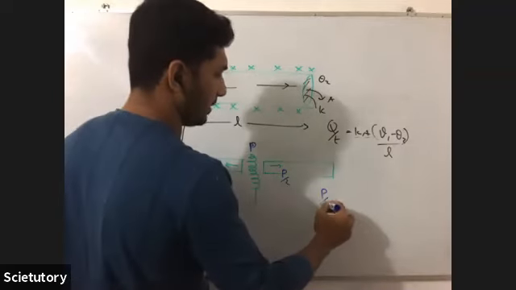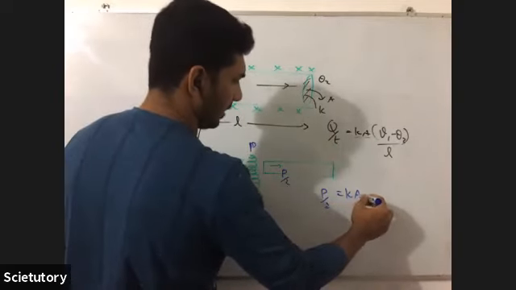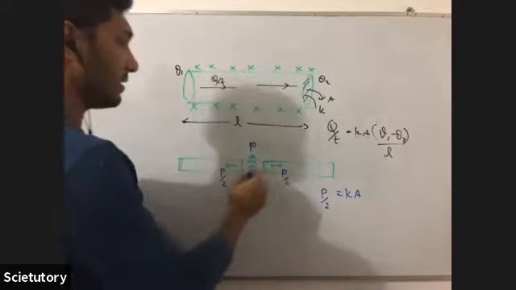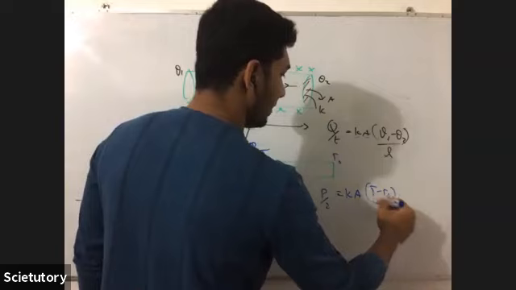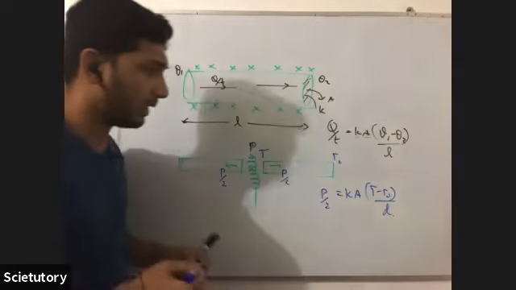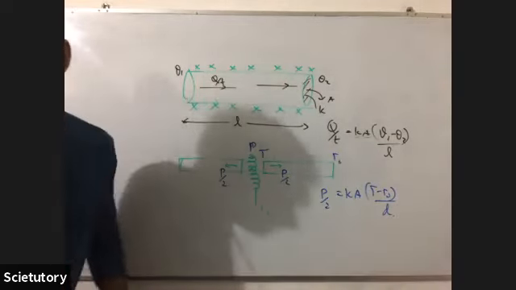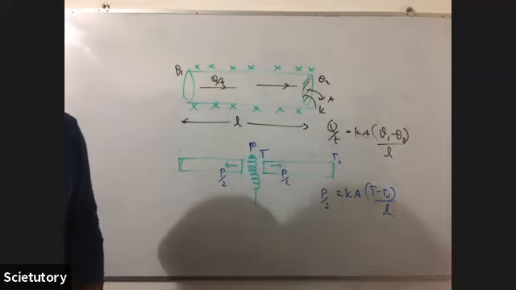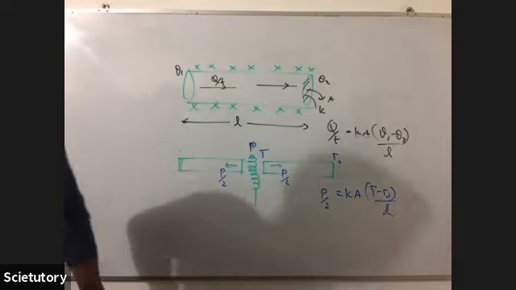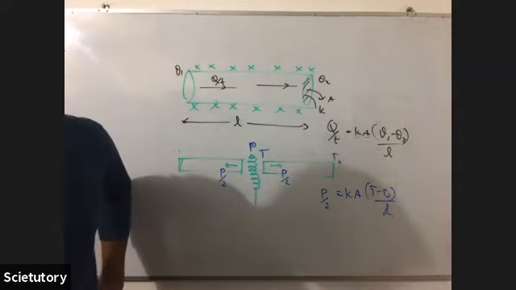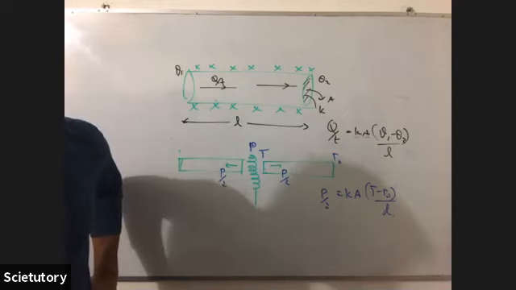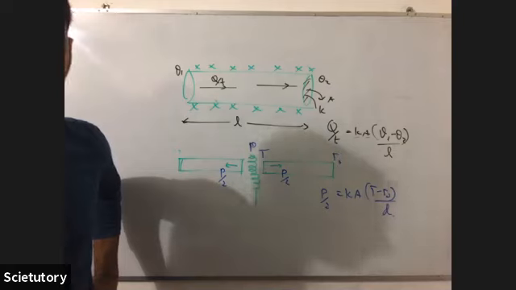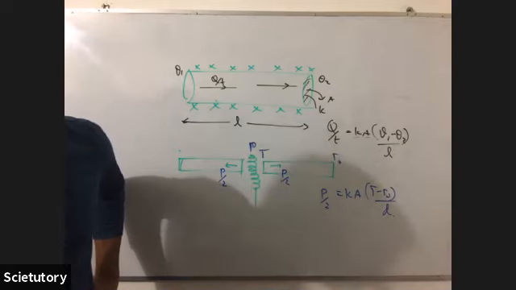So P by 2 is equal to K A, this theta 1 minus theta 2 is T minus T0, no? Divided by L. So if you make T the subject, what is the answer? T equals T0 plus PL over 2KA. No? Good. So the second answer is correct.